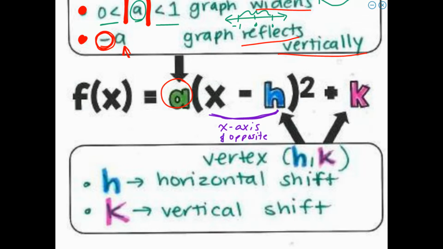So inside the parentheses deals with the x-axis, and it's also the opposite. So right here, this looks like a negative h, but it's really a positive h when it talks about our vertex number. And it wouldn't move left, it wouldn't go negative, it would go positive, okay, if it's a negative sign there. Okay, so the horizontal shift, so it tells us left and right.